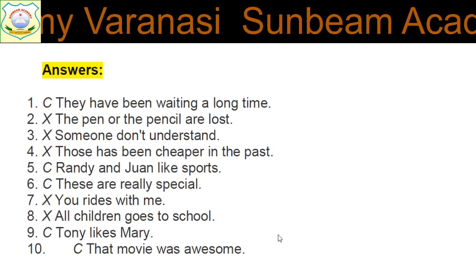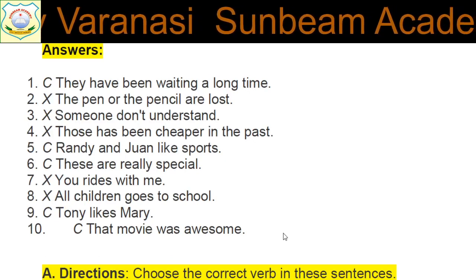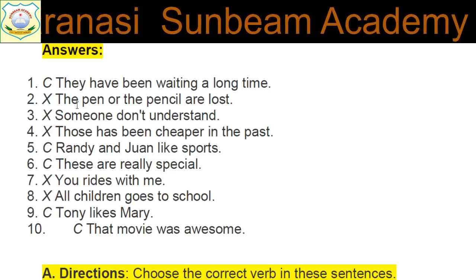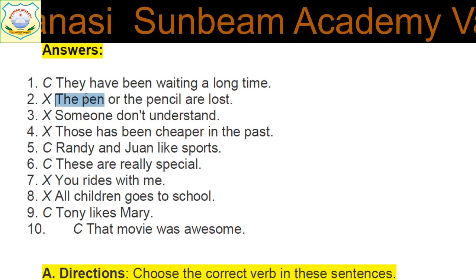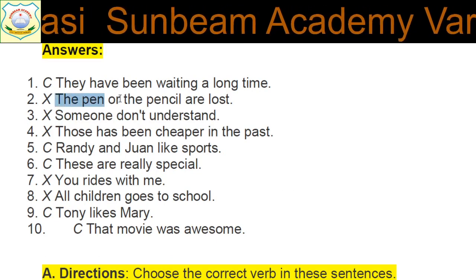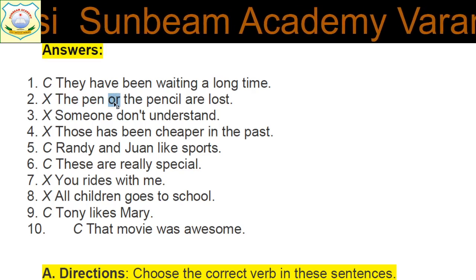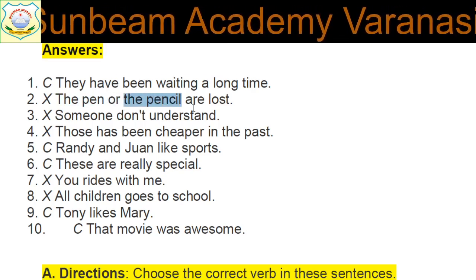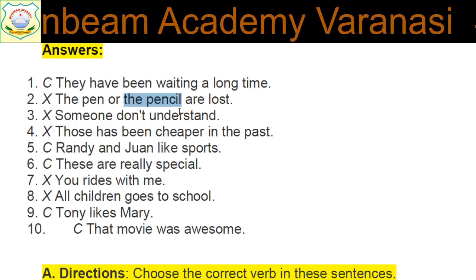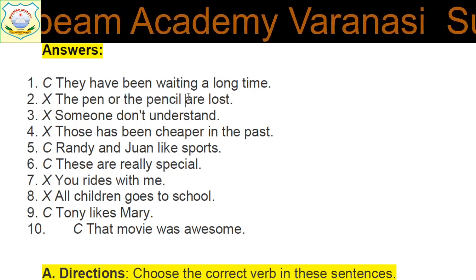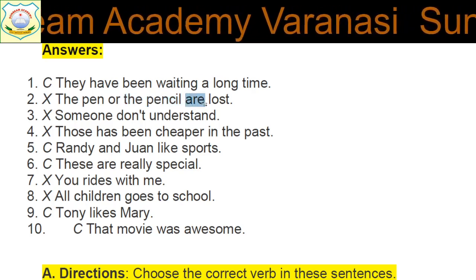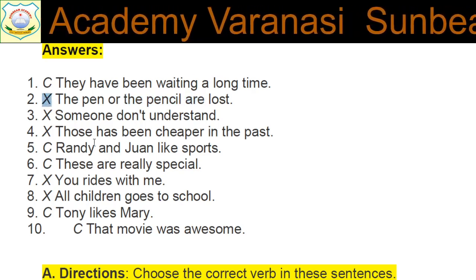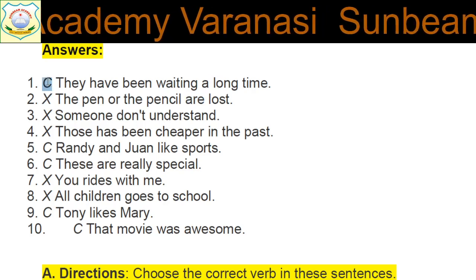The first one is correct. The pen or the pencil are lost. As I was saying, when the two subjects are used with the conjunction or, you will take it as a singular subject, and then you will not use plural were. So this is wrong. X is for wrong and C is for correct.